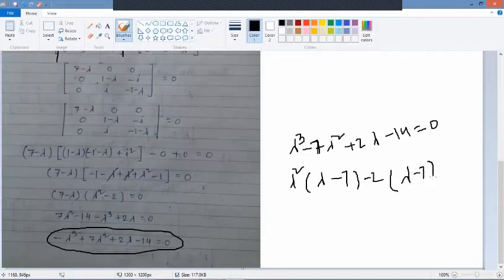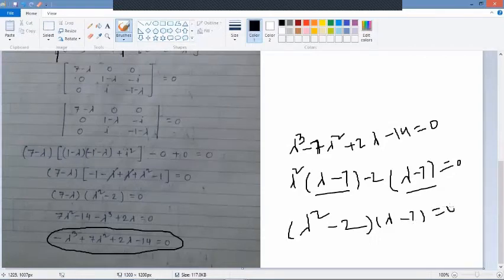Taking these two factors common, lambda square minus 2 multiplied by lambda minus 7 is equal to 0. So lambda square is equal to 2.